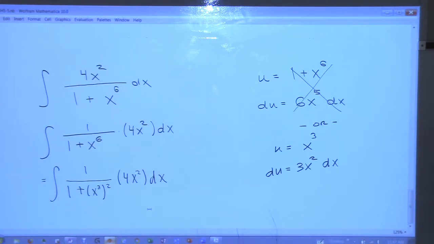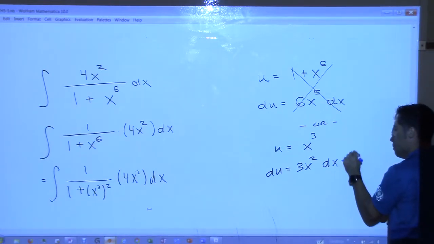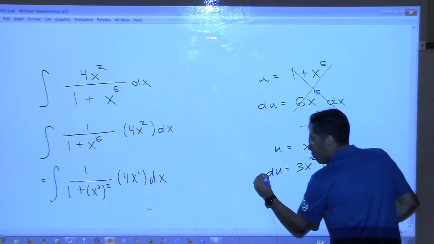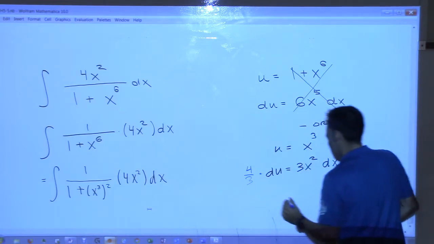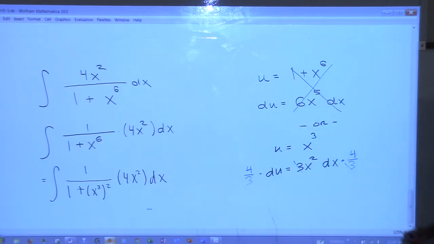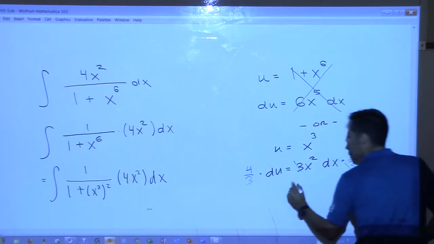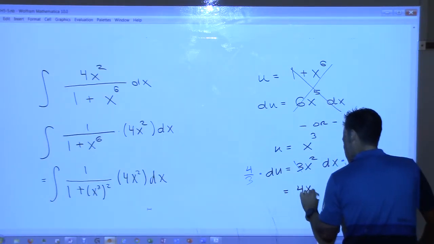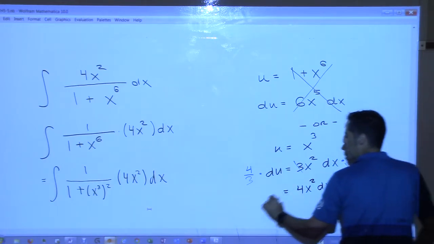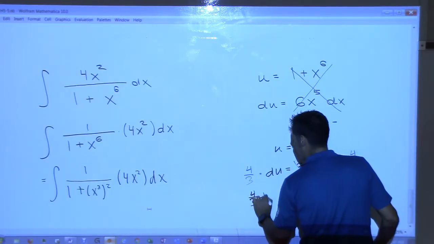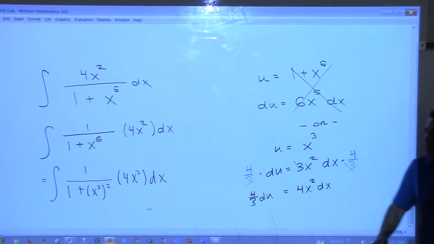Multiply both sides by 4/3. Just hit this with 4/3. Over here the 3's will cancel, and voila, you'll have your 4x squared dx. And over here, well, you have 4/3 du. We don't really care about that because the 4/3 is going to get pulled out of the integral anyway. We don't worry about it.